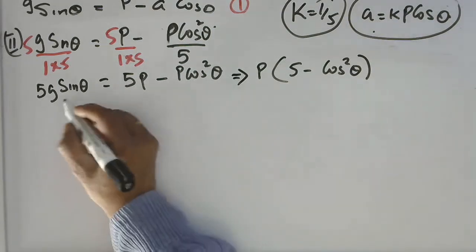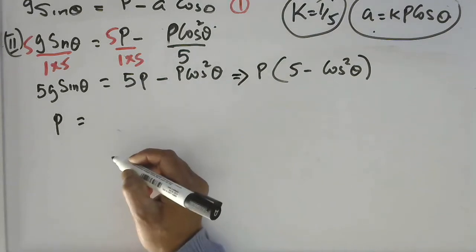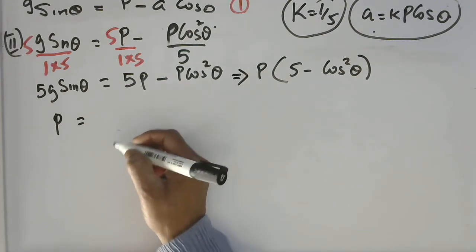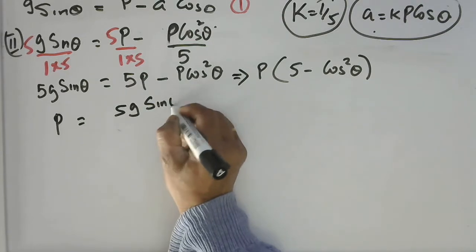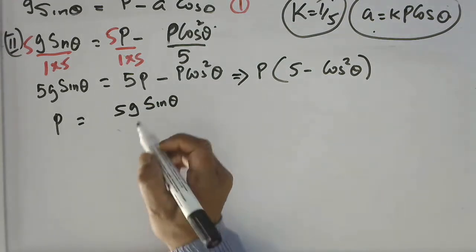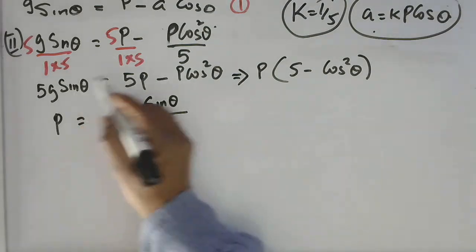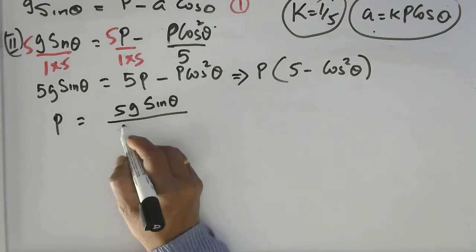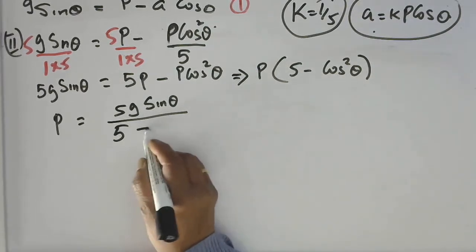So from here you can see p equals 5g sine theta divided by 5 minus cos square theta.